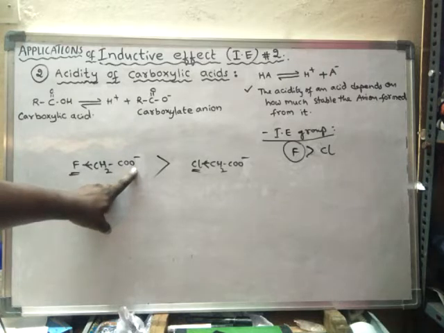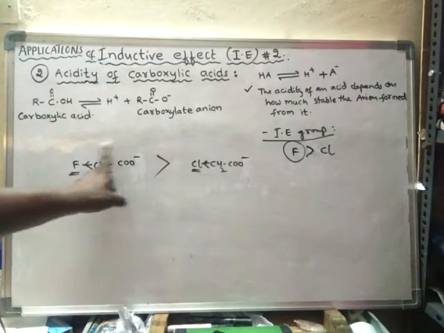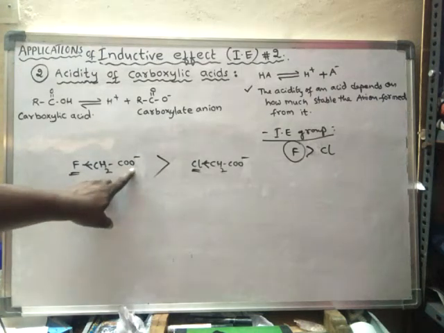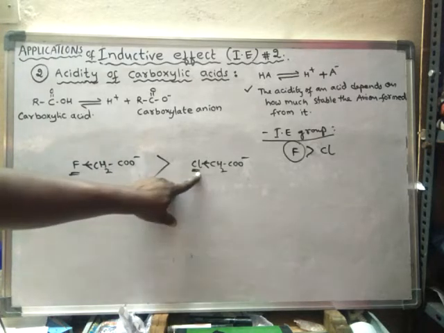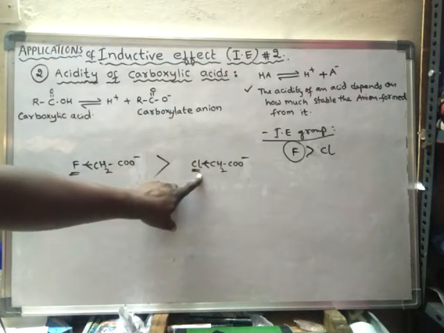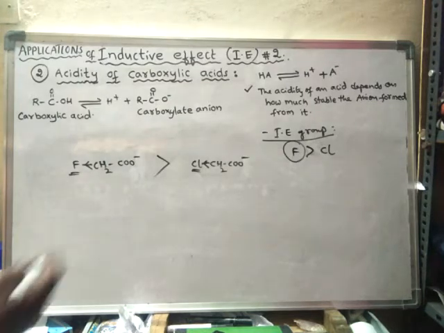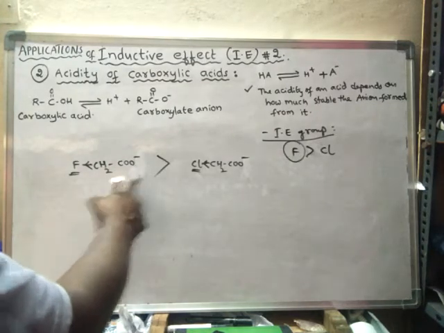Why? Because fluorine is present in this acid. Fluorine decreases the negative charge on this oxygen to a greater extent than chlorine, because both are minus I effect groups, but fluorine is the stronger one. So this is more stable than this one.